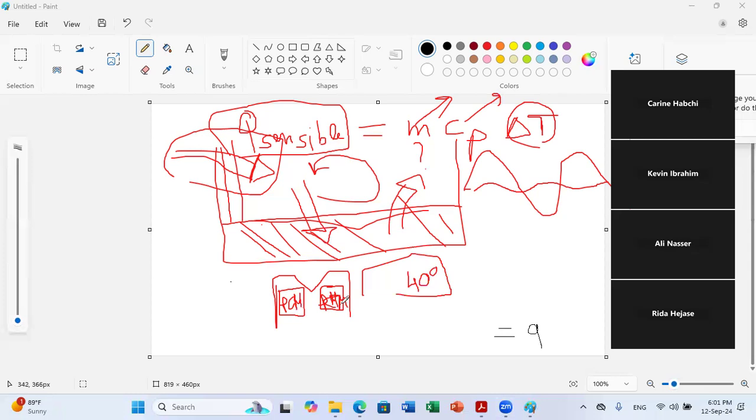And the PCM material will take this heat to change in phase from solid to liquid. And as long as you have the two phases at the same time, this will allow you to absorb heat without increasing the temperature of your PCM.